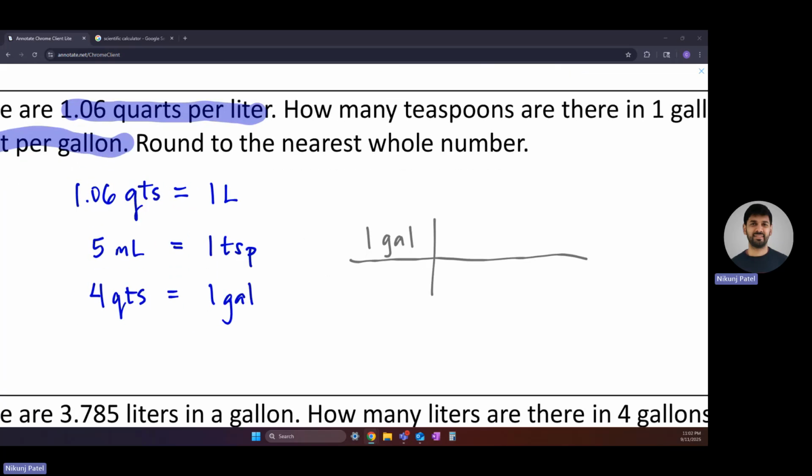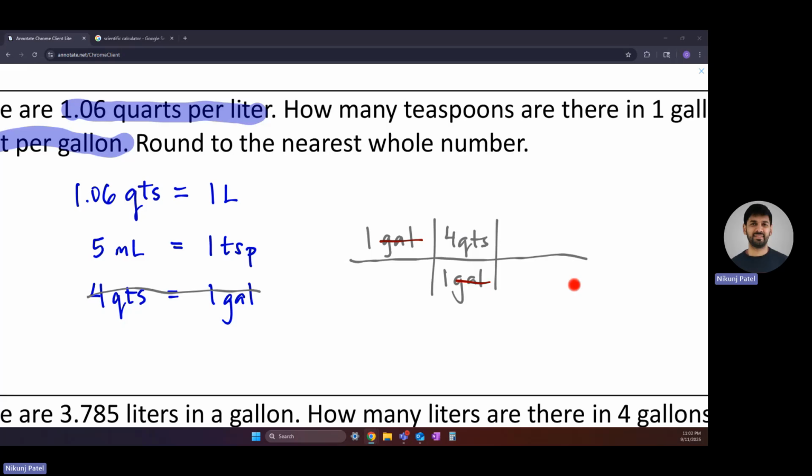If we start with the gallon, then we know that maybe our next column might need to have a gallon below here. And we see that there's a gallon there, and we can convert it to quarts. 1 gallon goes down here, 4 quarts goes right above it. Now we see we have quarts right here. We can cross off our gallons now if we want to, just so we can focus in on what we need to.